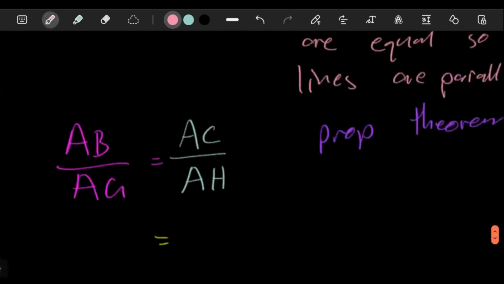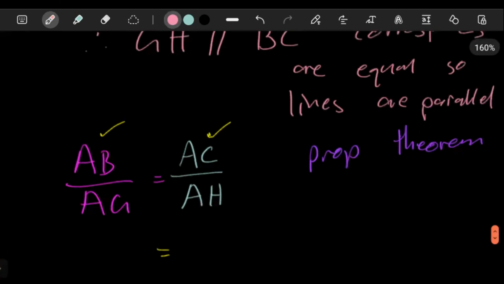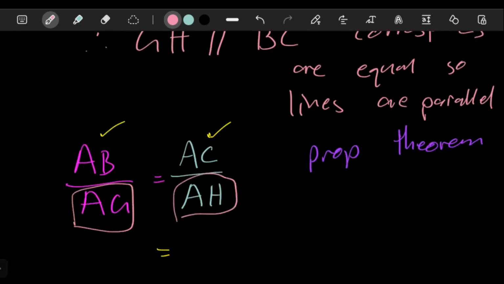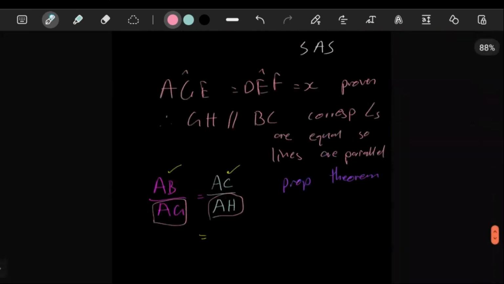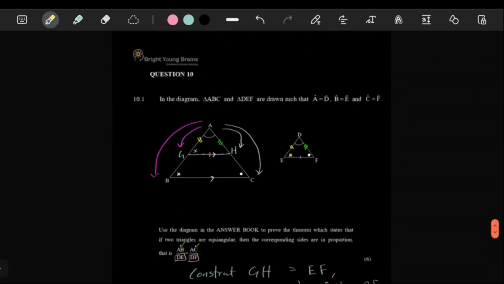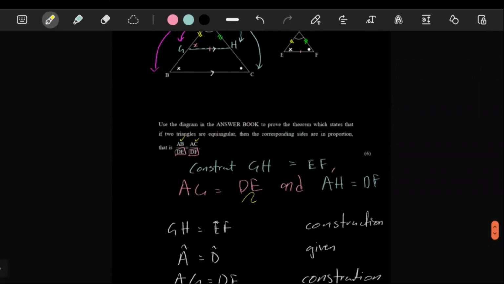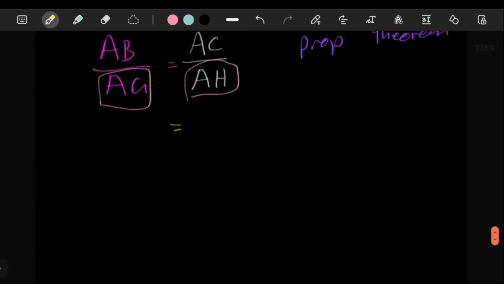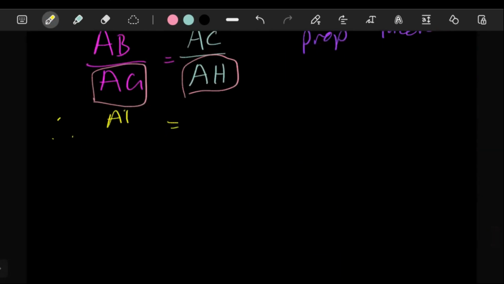So we just need to show that this AG is equal to DE, this AH is equal to our DF, because that is something that we have already proven. Remember, based on what we mentioned up here, AG is equal to DE, AH is equal to DF. Here we can then say, therefore, AB over DE is equal to AC over DF.